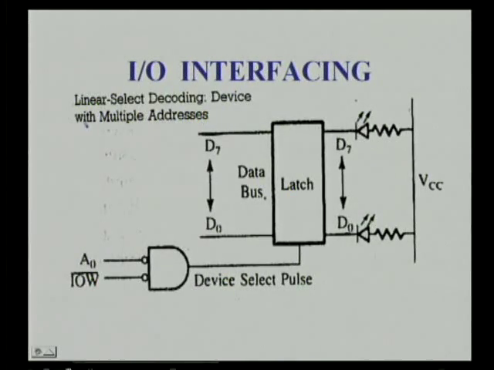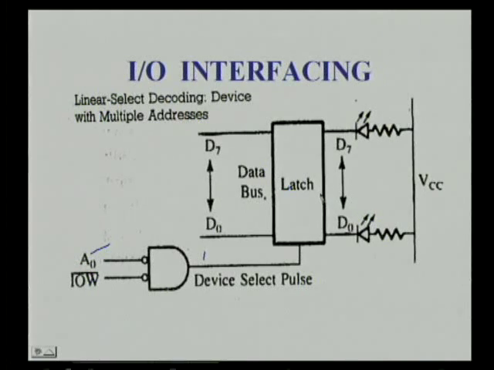This is linear select decoding of a device with multiple addresses. Here the processor places an address, and only a single address line, A0, is used. So when this A0 goes low and I/O write bar goes low, this AND gate output will become 1 and it enables the latch, so that whatever data is present here, which the microprocessor already placed, and then it activates the control signal.